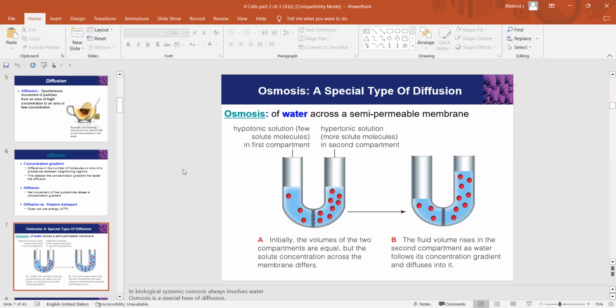Next example. I will put diluted juice in one compartment, and on the other side, concentrated juice or honey. How does the water move? The water moves from the diluted, which is called hypotonic juice, to the other side, which is the concentrated juice.